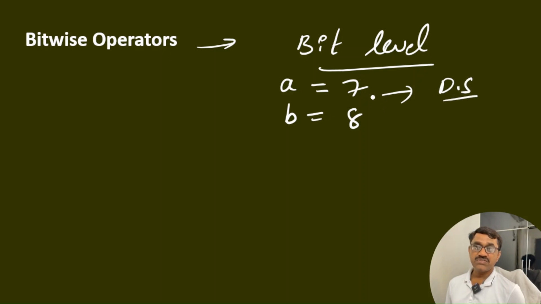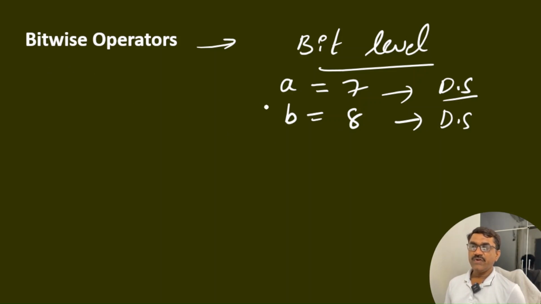Even though I didn't mention any base, it comes under the decimal number system. And 8 is also a decimal number, right? Now, if you perform a bitwise operation on a and b, internally they are converted into bits and the final result is shown in the decimal number system. We will see one example for this.